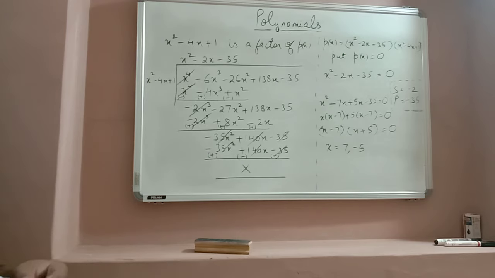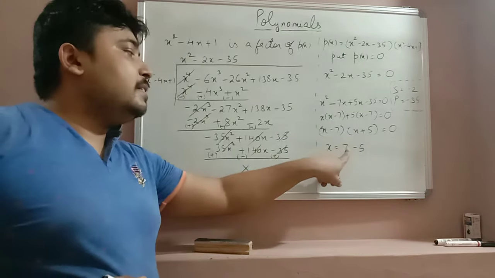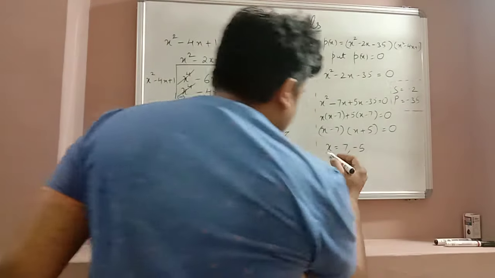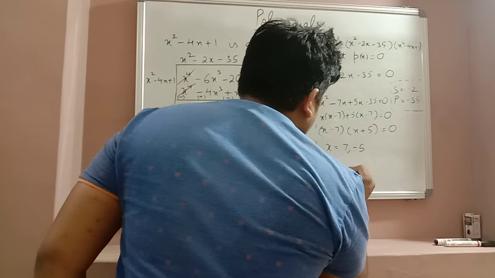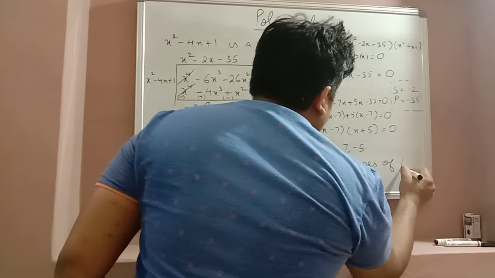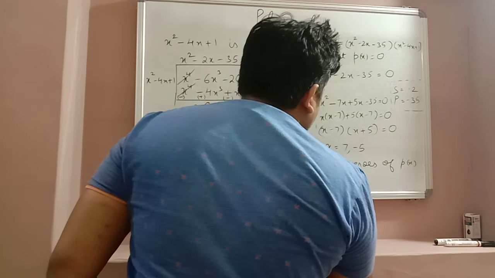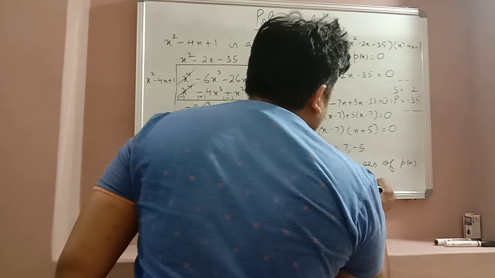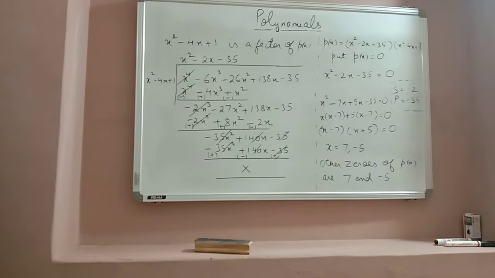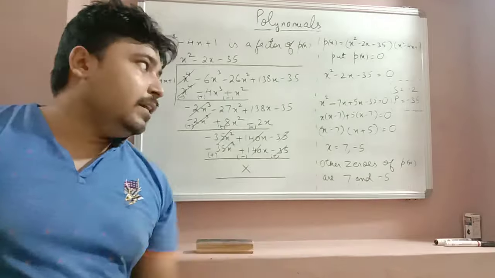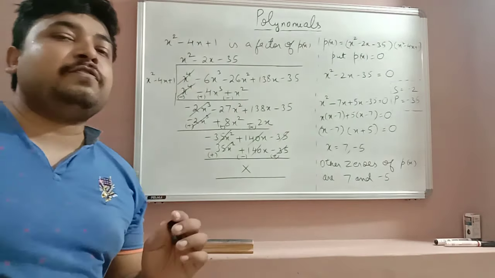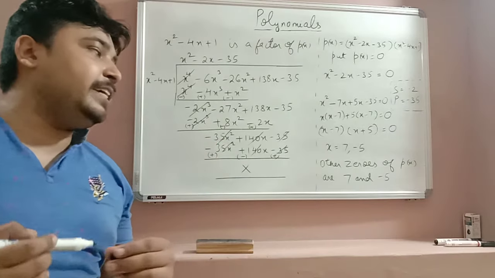So the other two zeros of the polynomial p of x are 7 and minus 5. So this is our solution. The other zeros are 7 and minus 5. I hope this question is clear to you. This is one of the favorite questions of CBSE, so please do it very carefully.